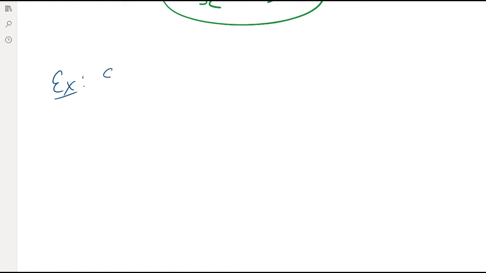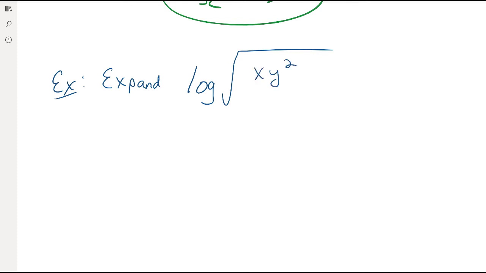This is going to be a doozy. Suppose we wanted to expand the following log. Let's say it's log of the square root of x times y squared over z to the 4th. So we wanted to expand that. Alright. So what do we do here?